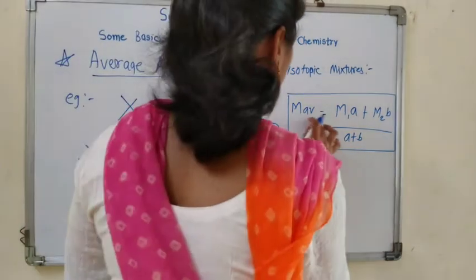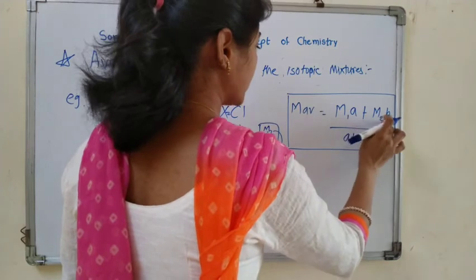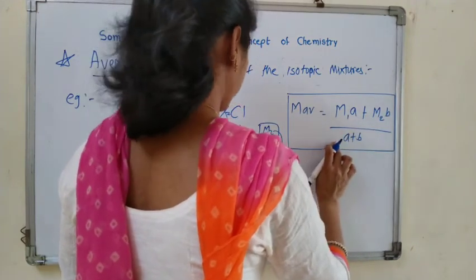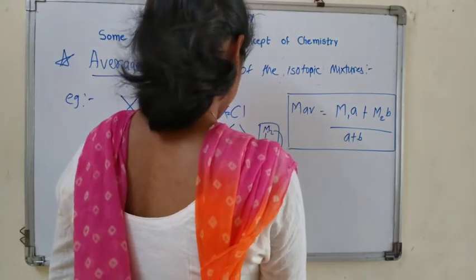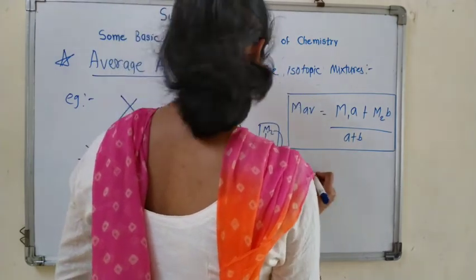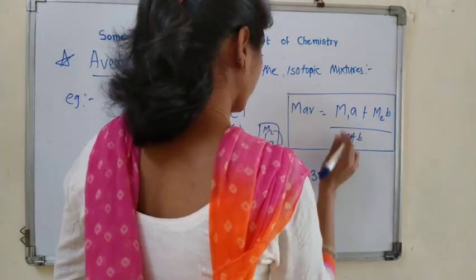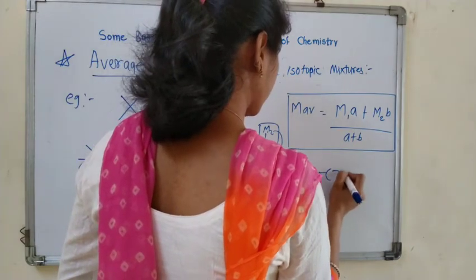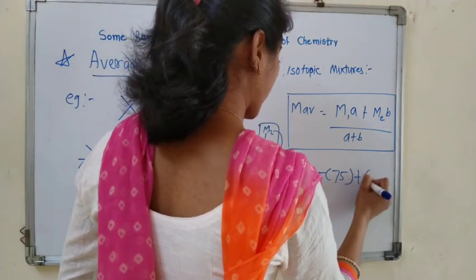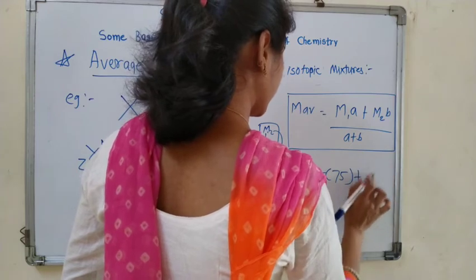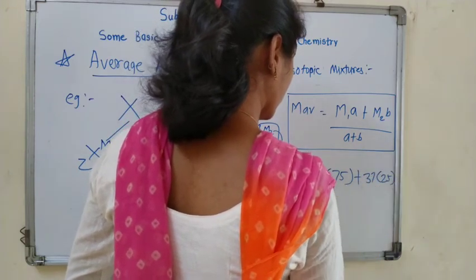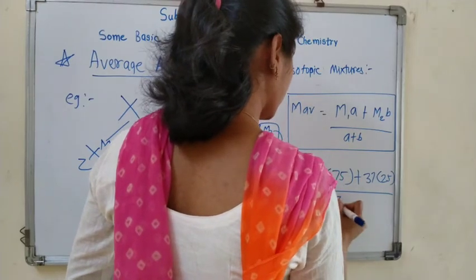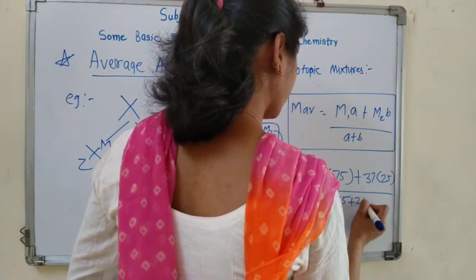Now M_AB equals (M1 × A + M2 × B) divided by (A + B). Here M1, in the case of the first isotope of Cl, is 35, A is 75, M2 is 37 and B is 25, whole divided by 75 plus 25.